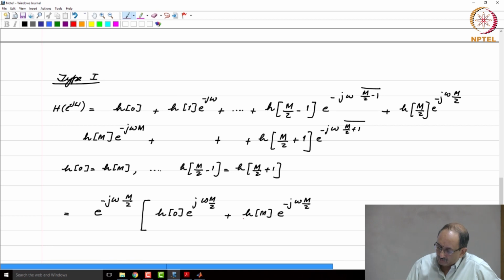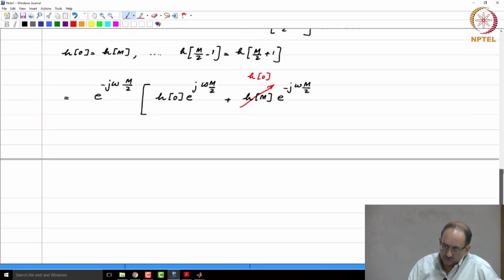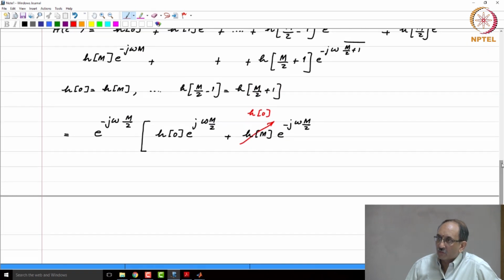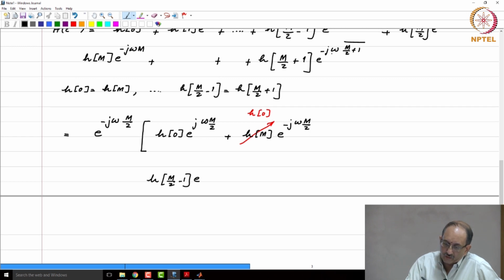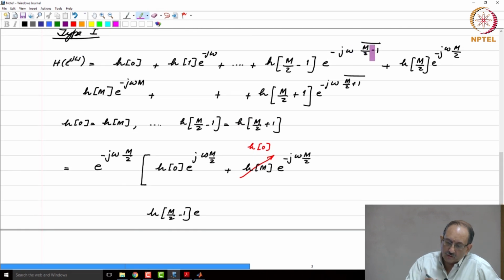but this is the same as h of 0. So, this is the kind of pattern that is going to emerge. Similarly, you will have h of M by 2 minus 1, and you have taken e to the minus j omega M by 2 outside here.